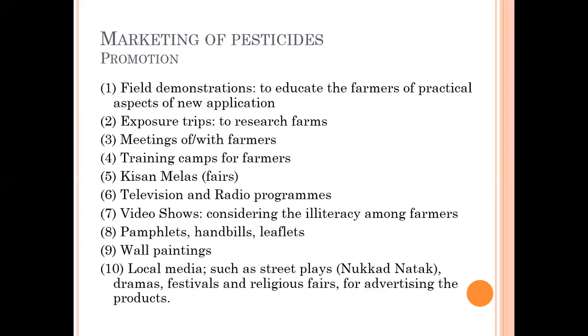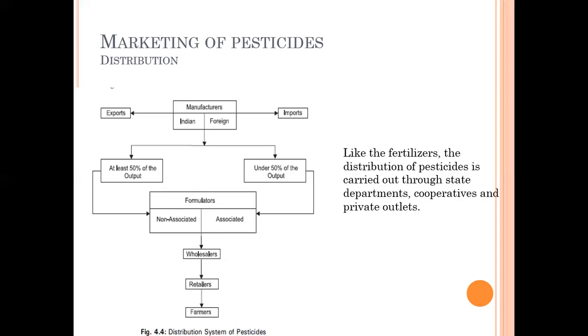Apart from this, some more information I want to share with you, which I have taken from a research paper written by Devi and Thomas. According to them, the pesticide distribution in India is managed by 1,78,979 sales points across the country, and of these the number is highest in Maharashtra.